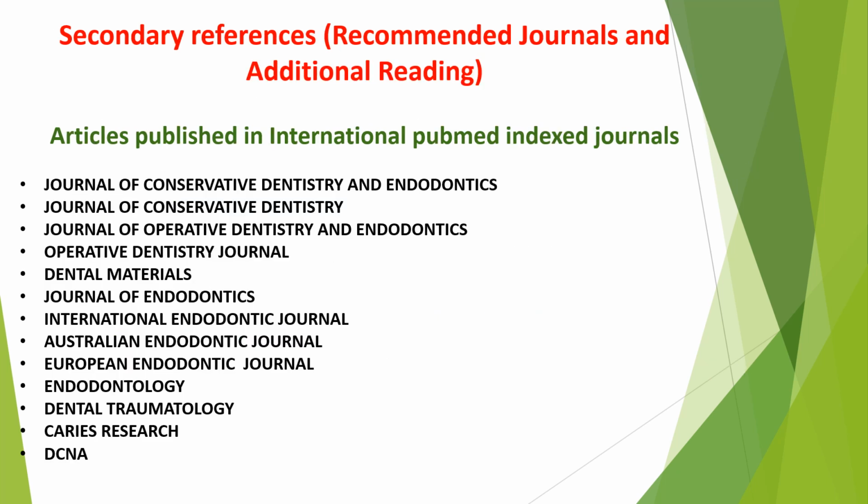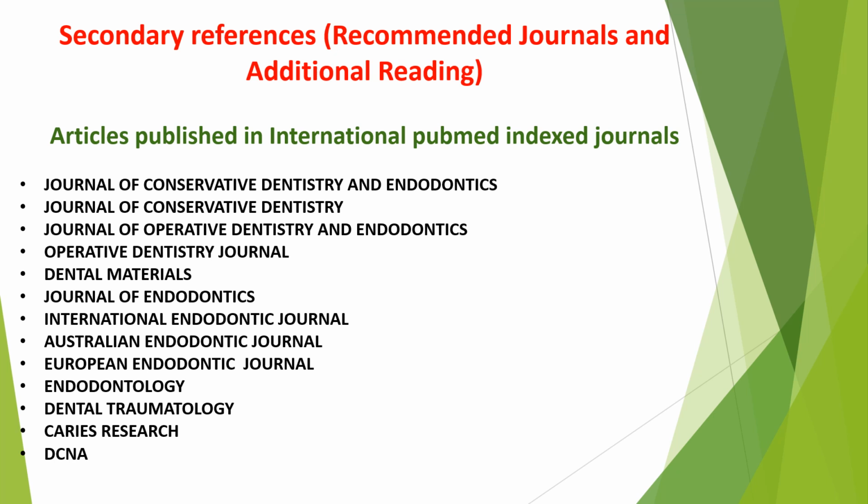And the next will be your secondary references. So secondary references will be your articles, okay. Primary references will be your textbooks, okay, only the standard textbooks. As a postgraduate student, you have to refer only the standard textbooks and the articles which are published in PubMed indexed international journals, okay.